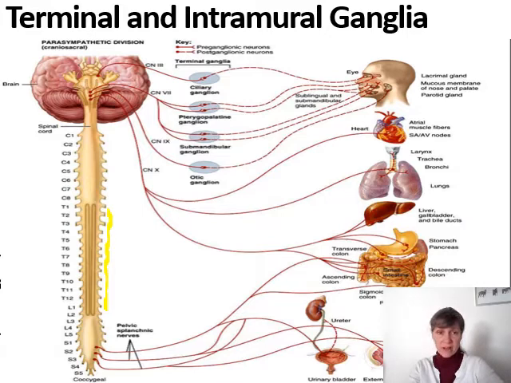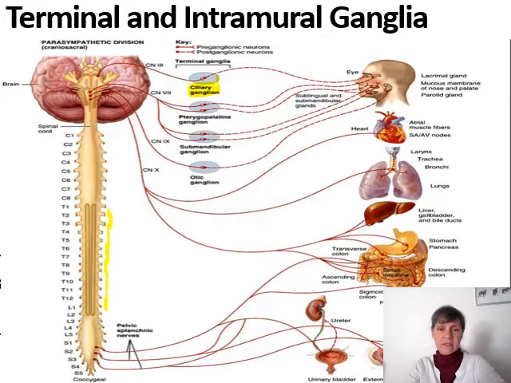Para means around, and the parasympathetic nervous system has fibers that are coming off of what's known as the craniosacral area. And so para meaning around, well, it's around the sympathetic. We have the parasympathetic. The parasympathetic nervous system includes terminal ganglia.